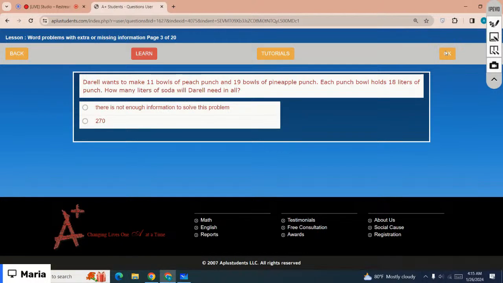Okay, the next one is: Daryl wants to make 11 bowls of peach punch and 19 bowls of pineapple punch. Each punch bowl holds 18 liter of punch. How many liters of soda will Daryl need in all? So which is the correct option?